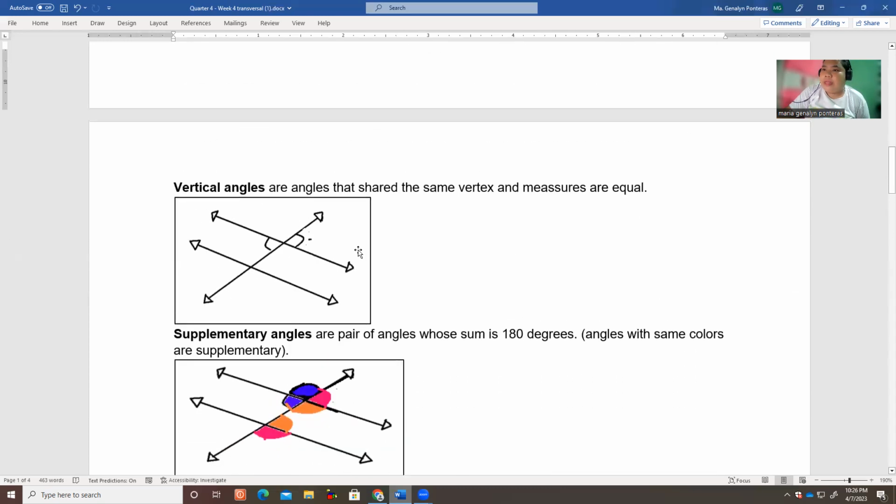And let's have the vertical angles. So the vertical angles are the angles that share the same vertex and whose measures are equal.